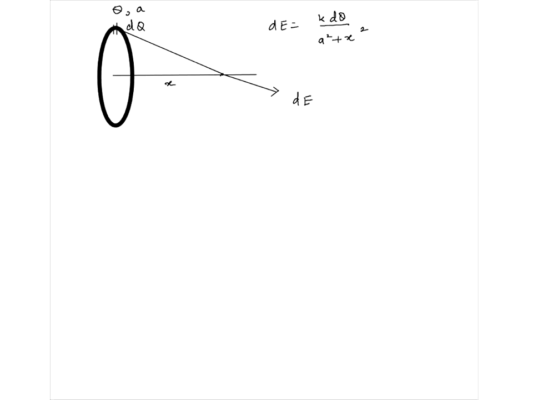Look at another dq here. And due to that, dE will be like this. It is also the same dq only, so same dE. And now you can see that this component and this component, the two components will cancel out.